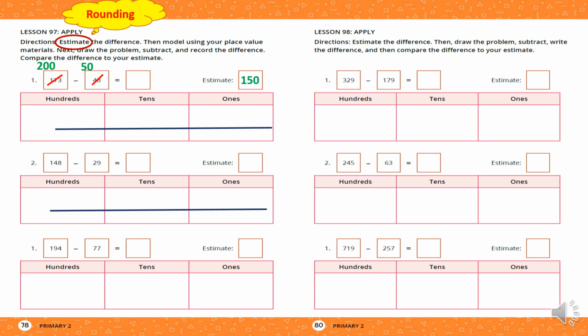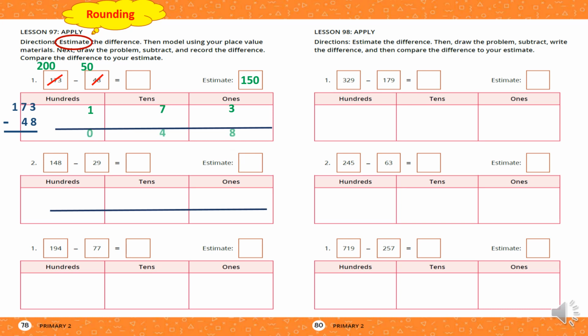Now we're gonna calculate the exact result of 173 minus 48. Now we will write 173: 1 in hundreds, 7 in tens, 3 in ones. 48: we will write 4 in tens and 8 in ones.